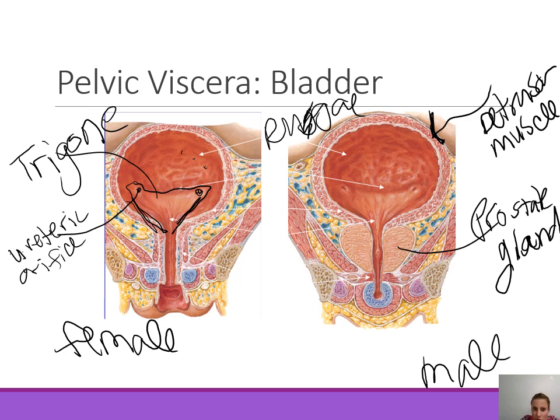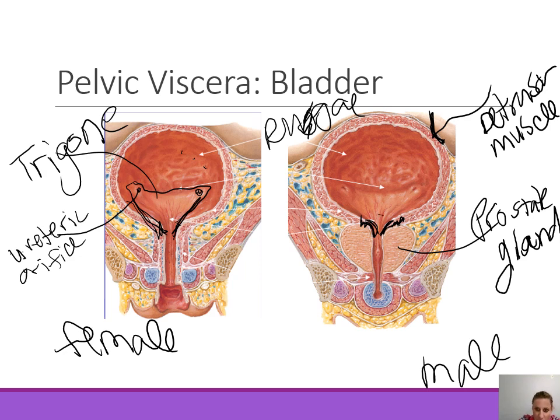The inferiormost part of the bladder, this is the neck of the bladder, is where it thins right here. And at the neck of the bladder is where the internal urethral sphincter is. So the detrusor muscle forms the internal urethral sphincter around the neck of the bladder.